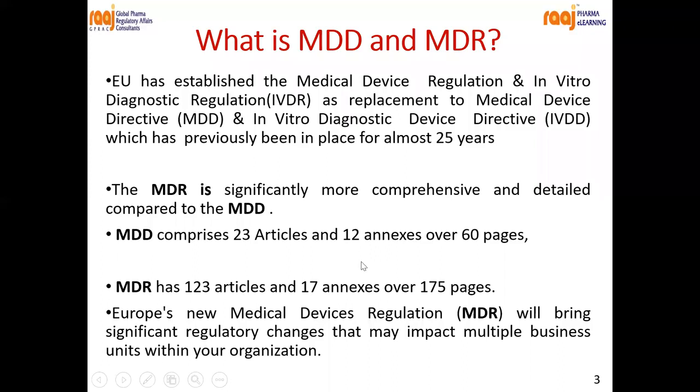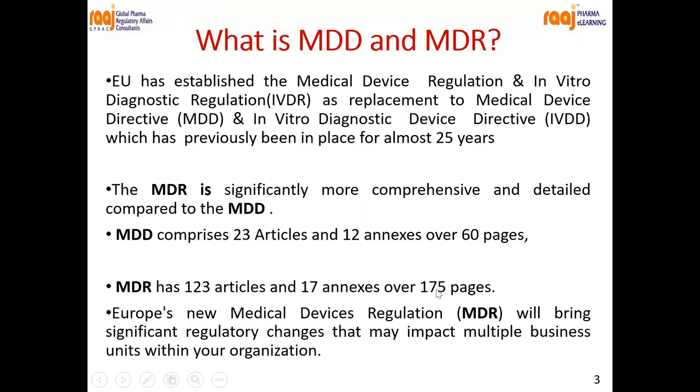The previous regulation, which is 25 years old and what we have been using in the medical device industry, is called MDD. It comprised 23 articles and 12 annexes, and was about 60 pages. Whereas the new MDR, which was published recently, has 123 articles and 17 annexes, and comprises 175 pages.